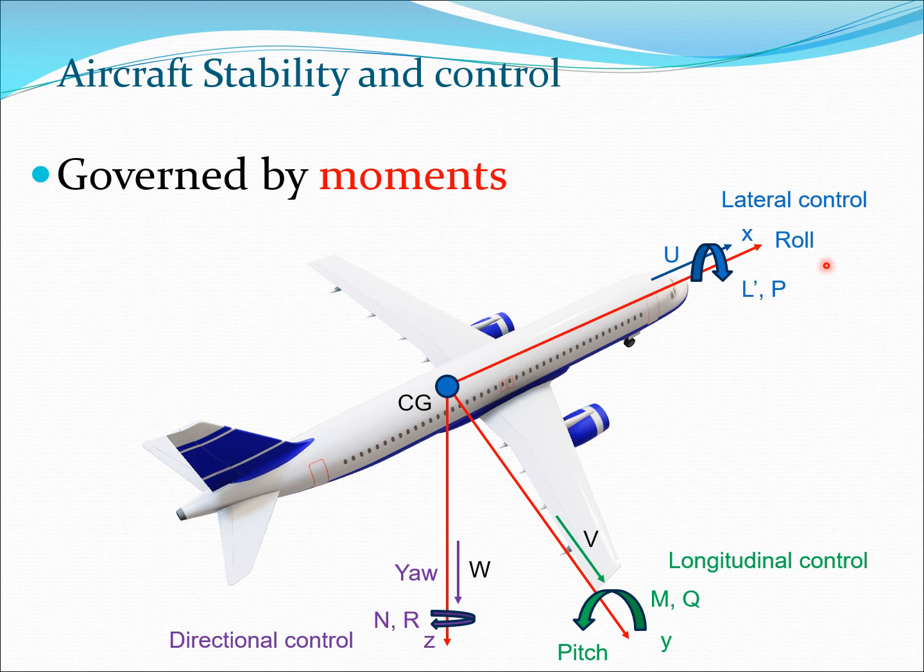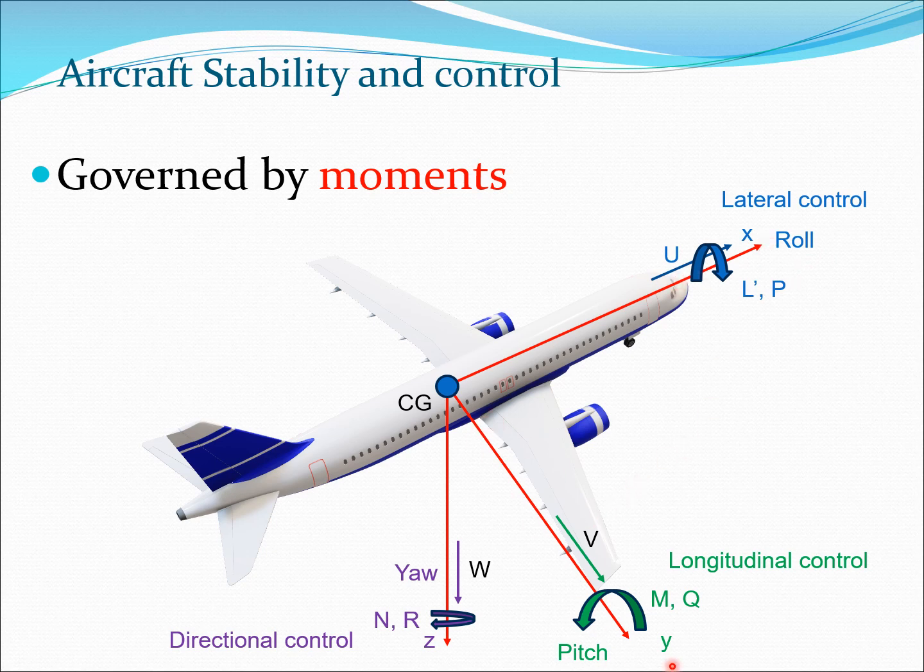There is an angular velocity P and a moment L dash associated with this direction X, and this is essentially the rolling moment L dash and the roll rate P. We use this moment to do what is known as lateral control. So lateral control involves roll, and it's along the X direction here.